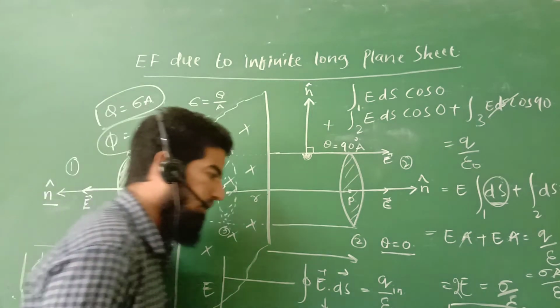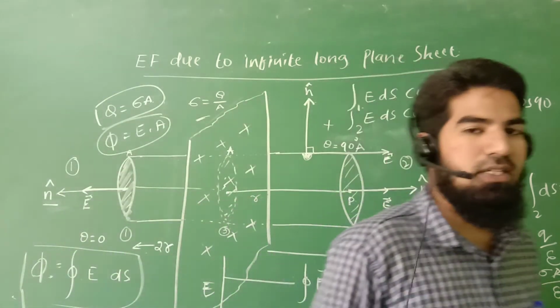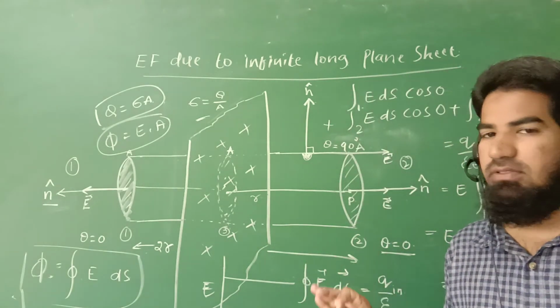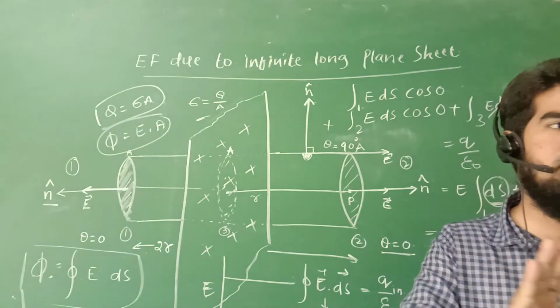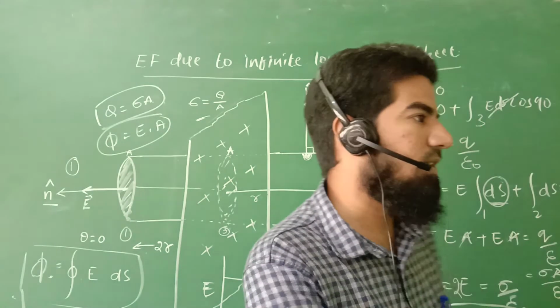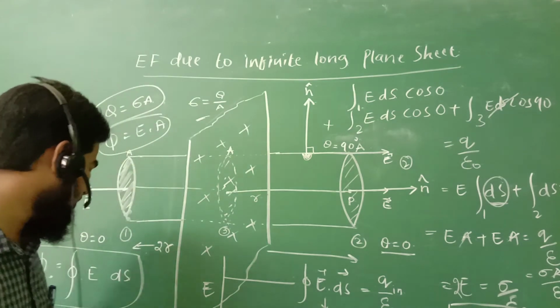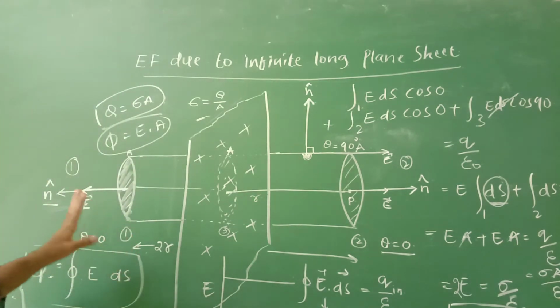Why? Because E is common everywhere, so it goes as a straight line. We are not bothered about what the distance is, whether 2r, 3r, 4r, whatever it may be.